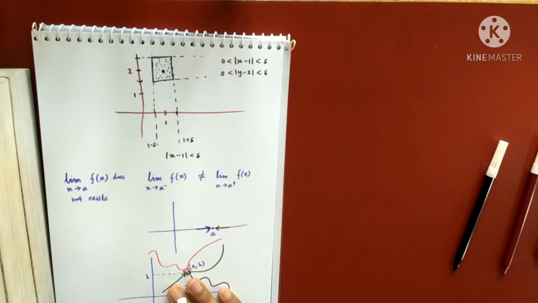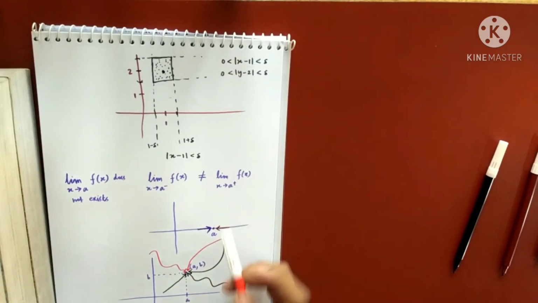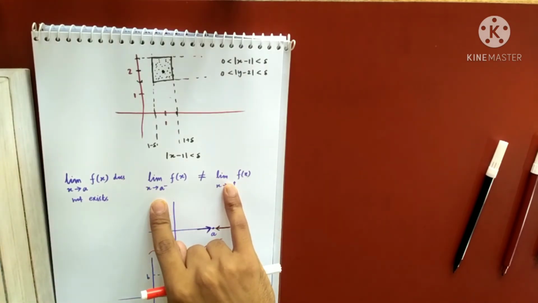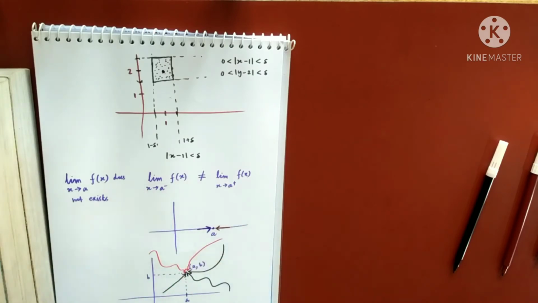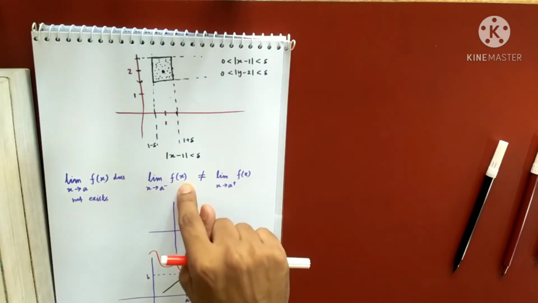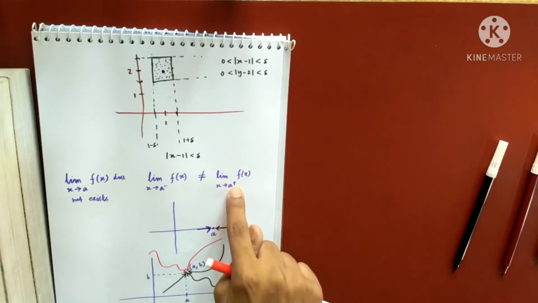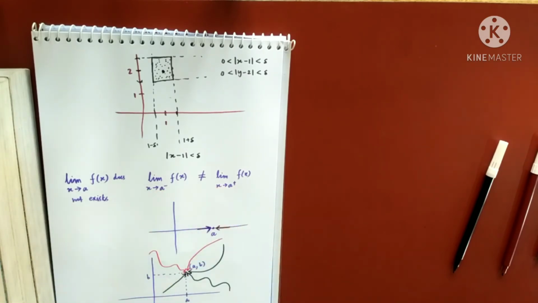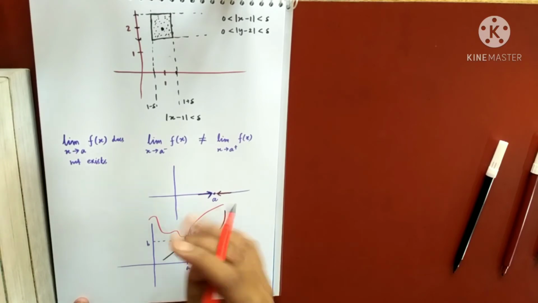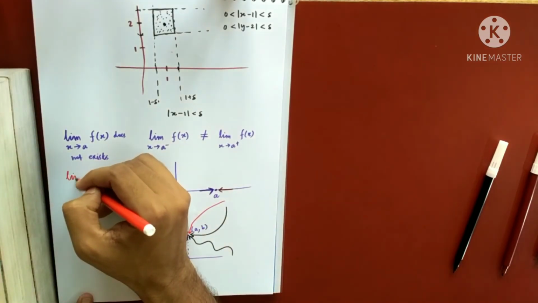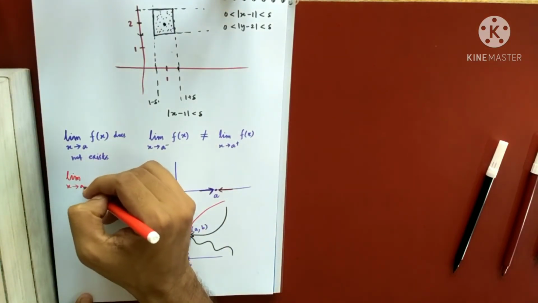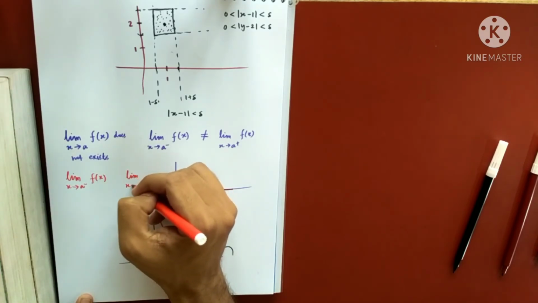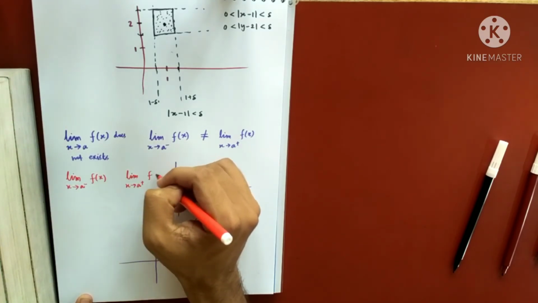Now one more thing I should tell you. Is the converse of this true? Not exactly the converse, but suppose the left hand limit exists and the right hand limit at a also exists, and both are equal. Remember, I am talking about single variable now. So this exists and this also exists, and they are equal.